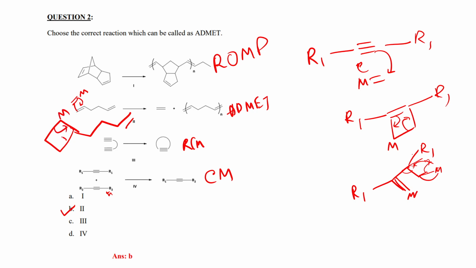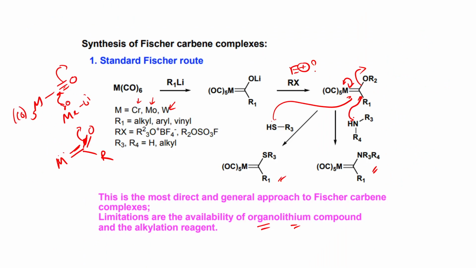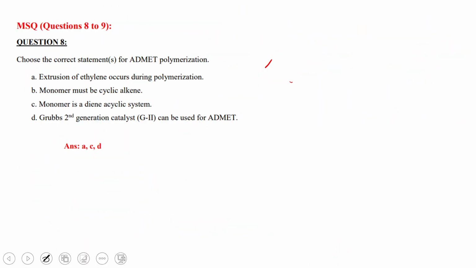When you have this, the metal center carbene is now generating the long chain, and where you are generating ethylene. In that way, for this part, the same thing would happen. And when it reacts with diene units and does that polymerization, this small part gets eliminated from your system. So this is the correct statement regarding ADMET. So this is right.